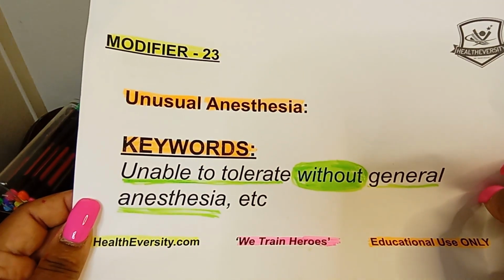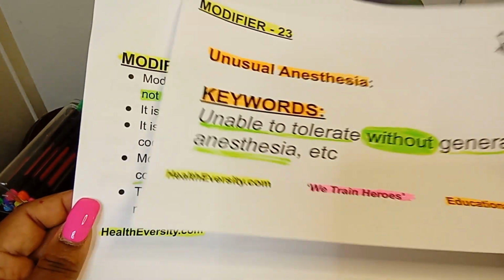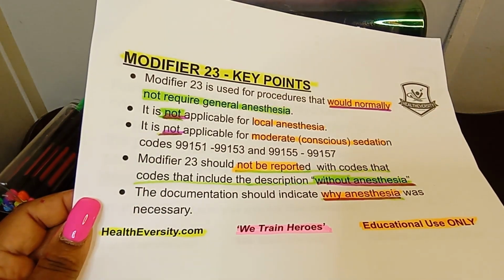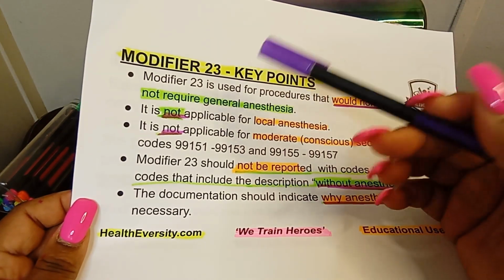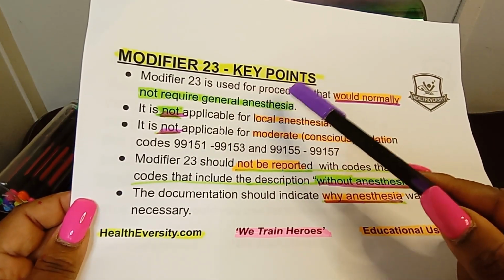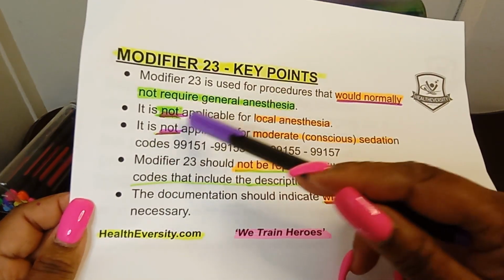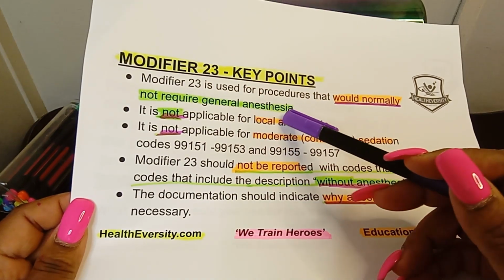This one is really short, but we're going to jump right into it. Modifier 23 is used for procedures that would normally not require general anesthesia.